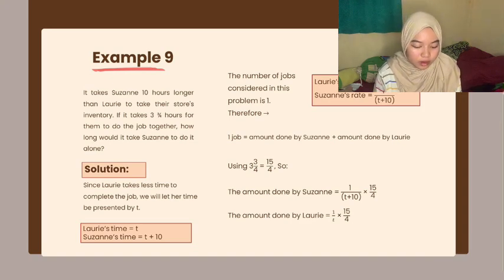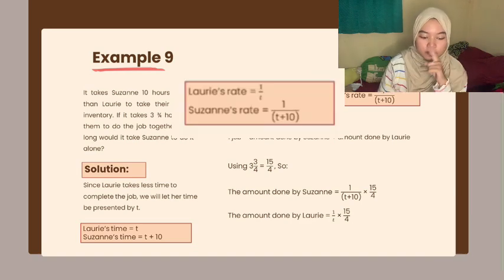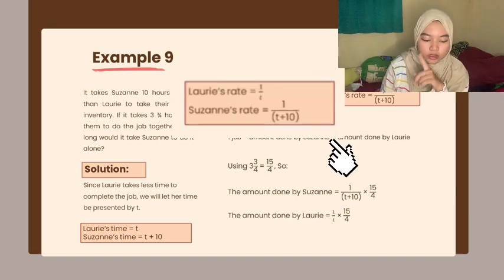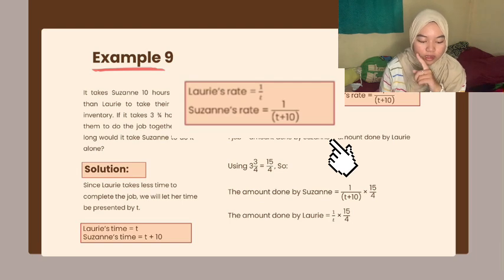The number of jobs considered in this problem is 1. 1 job equals the amount done by Susan plus the amount done by Lori. In this case, Lori's rate equals 1 over T. Susan's rate equals 1 over (T plus 10).